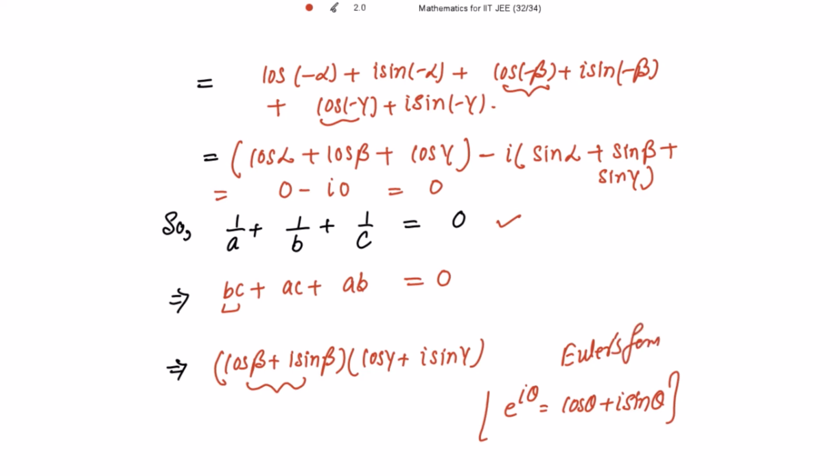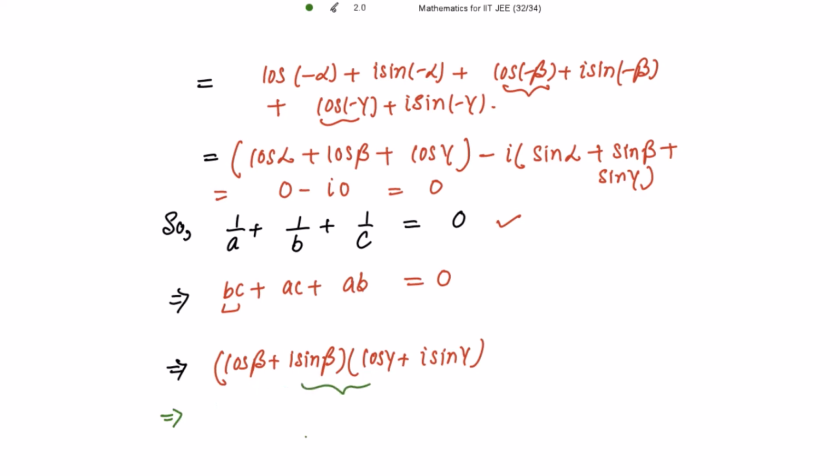So if I use this over here, I get this thing to be e to the power iota beta, and this is e to the power iota gamma, which in turn gives us e to the power iota (beta plus gamma), right? So writing here for this e to the power iota (beta plus gamma), and then plus AC.